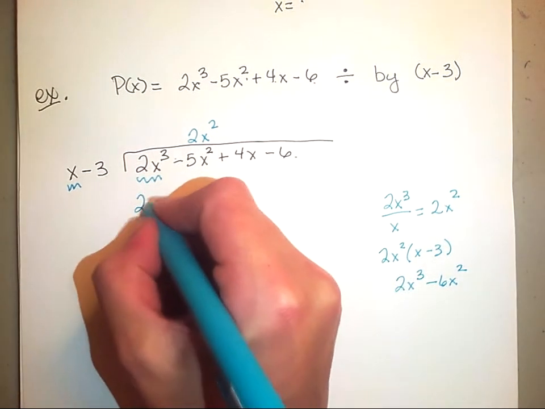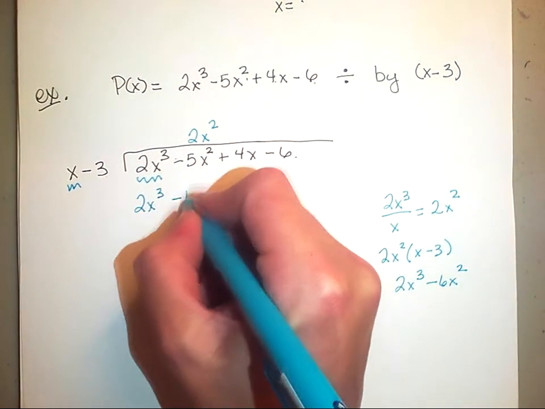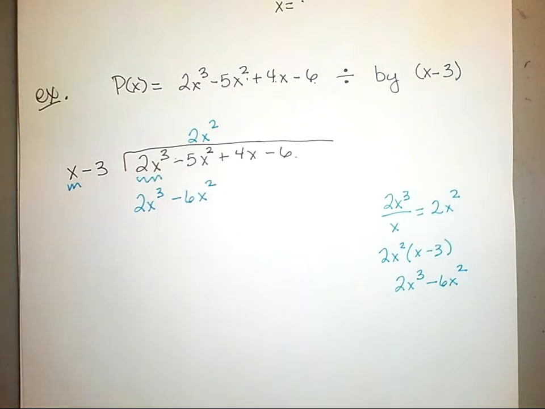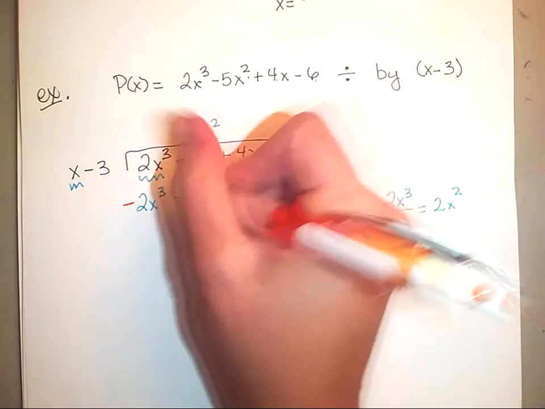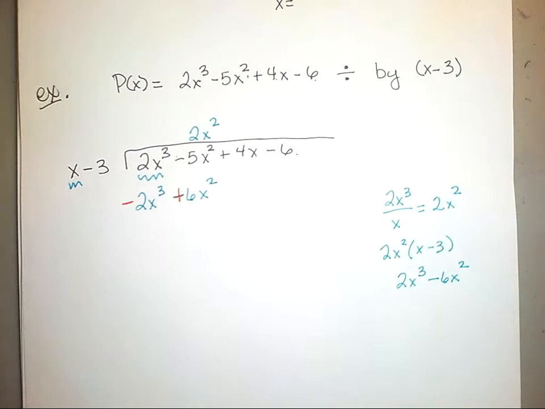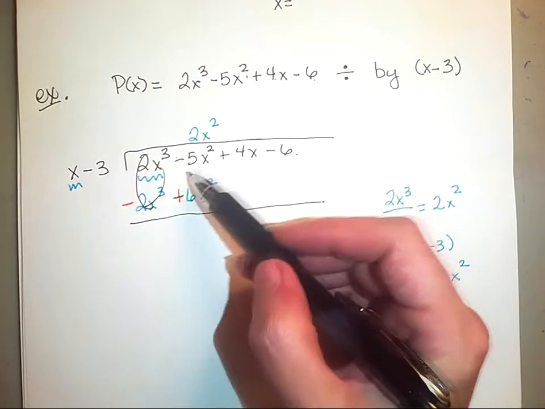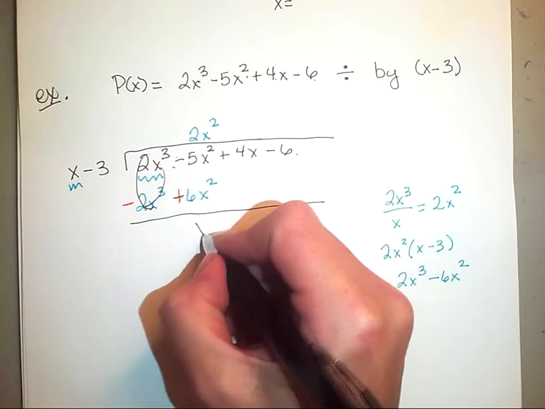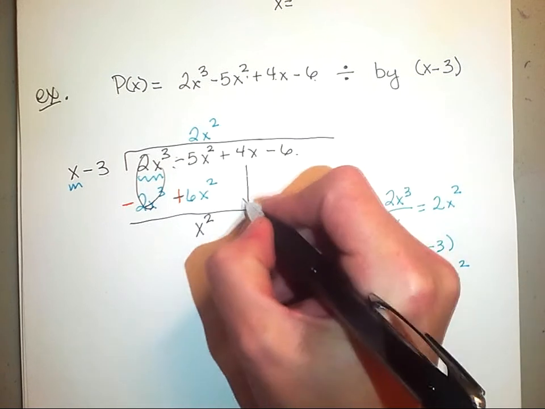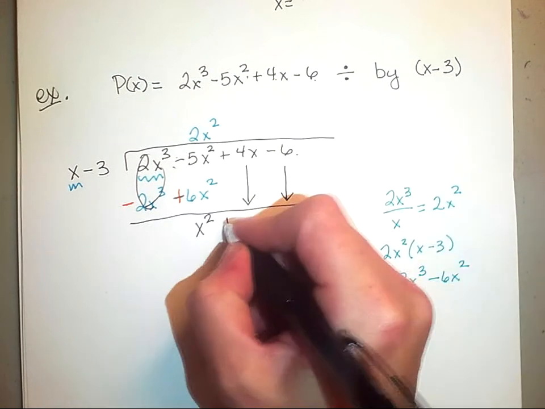So that's what gets written here. And then we're going to subtract. And remember, when we're subtracting, we are changing the signs. So now this will go to 0, and minus 5 plus 6 is x squared. And then we can bring down the rest of the polynomial.